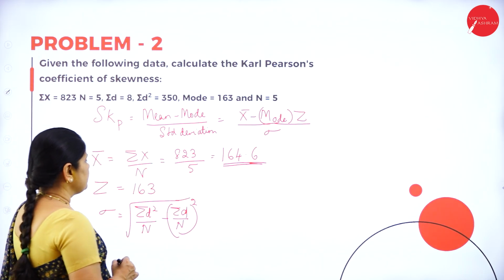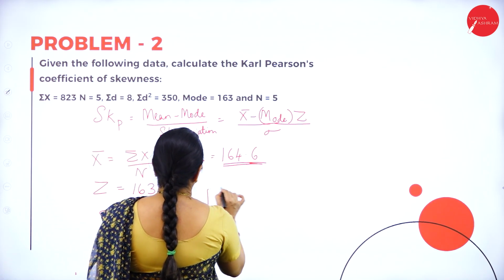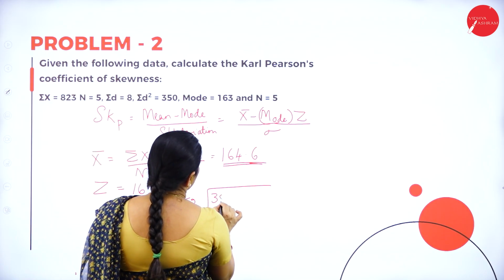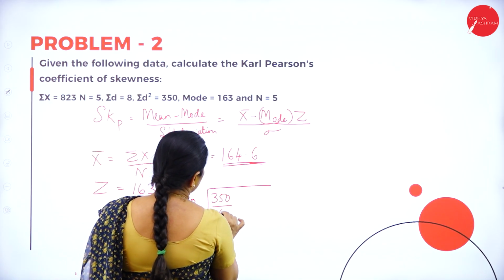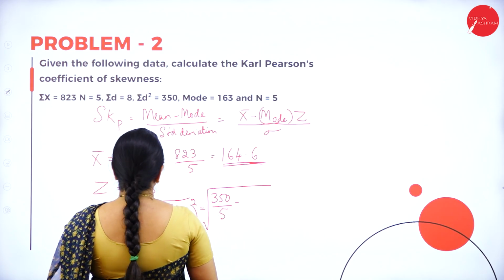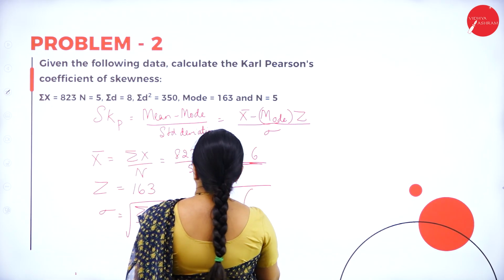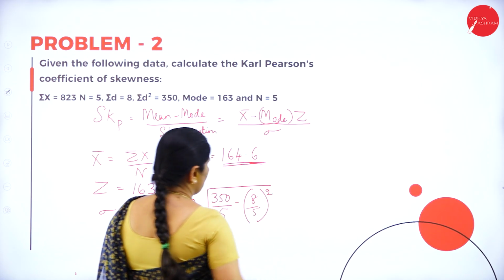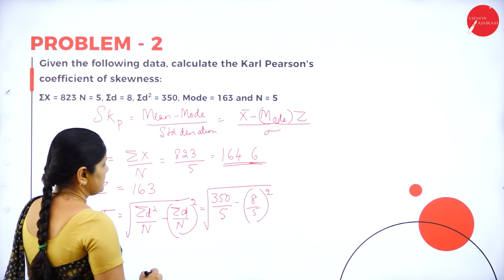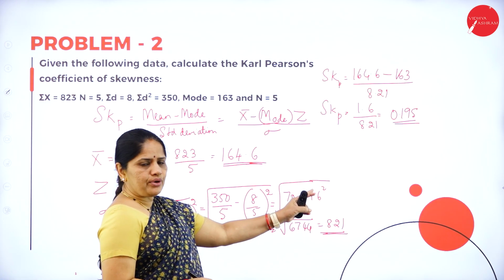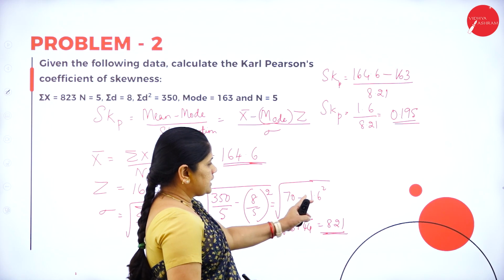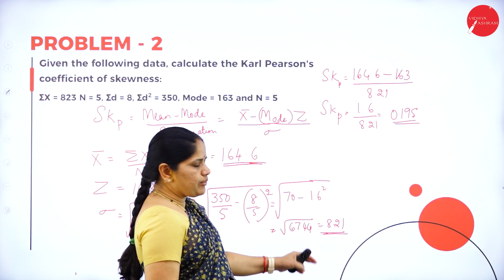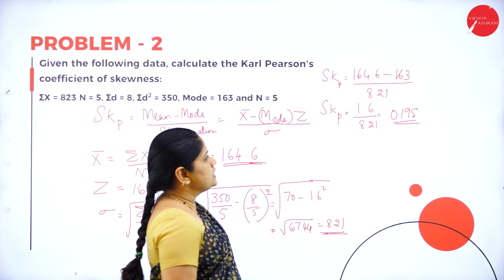So this will be equal to the root of sigma d square, which is 350 by 5, minus sigma d, which is 8 by 5, the whole square. When I simplify this, I get 1.6 the whole square. So 70 minus 1.6 the whole square, I get root of 67.44, that comes up to 8.21.